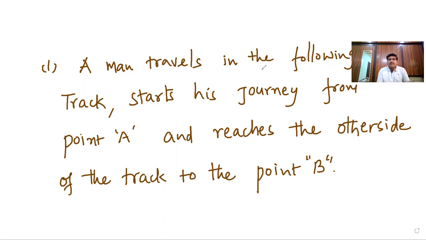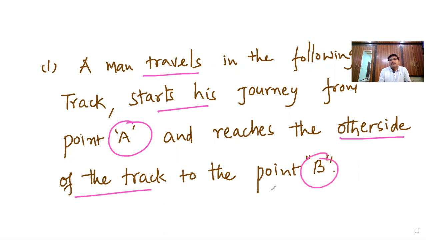Observe the problem carefully. What he says: a man is traveling, starting his journey at the point A, reaching the other side of the track, and finally reaching the point B. The figure is given in the problem.